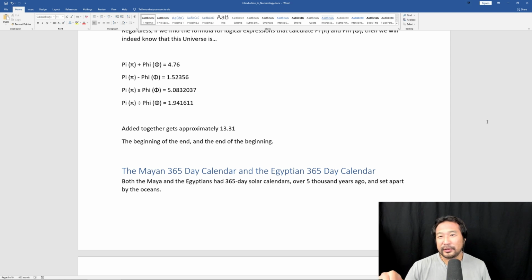I don't know if I'll include that in the introduction to numerology. Maybe I'll do it in chapters. I think this is just to get people introduced to it. But you'll find, especially with Gematria and a lot of other things, you're going to see a lot of mirroring of numbers. And the mirroring of numbers holds some interesting coincidences.